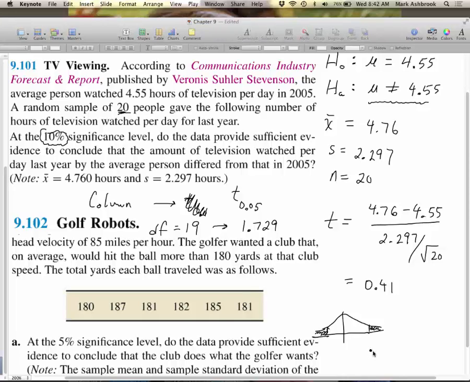Okay, so that means that 1.729 above would be the cutoff for rejecting, and negative 1.729 below. And what did we get? 0.41, way in here, right? Here's our 0.41.